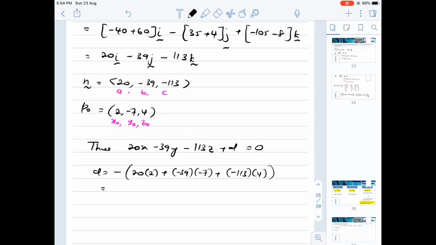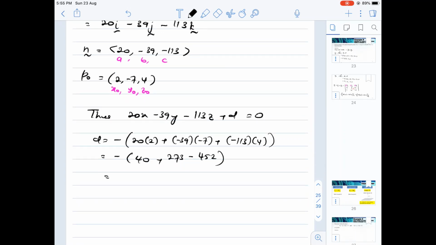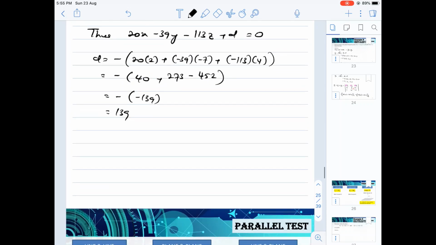Alright, so we will have D equals, this is negative 40, minus becomes positive 273, and this is minus 452. So we will have negative of, this one should be negative 139. So the answer is positive 139.